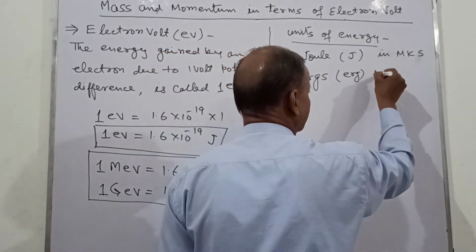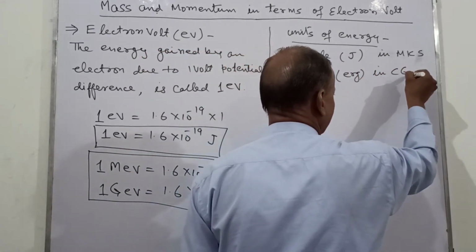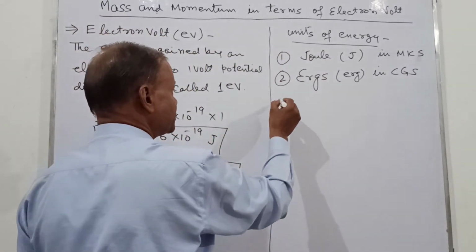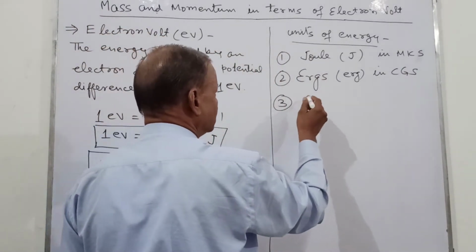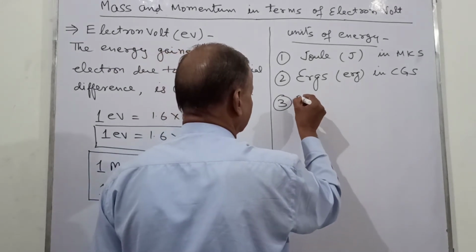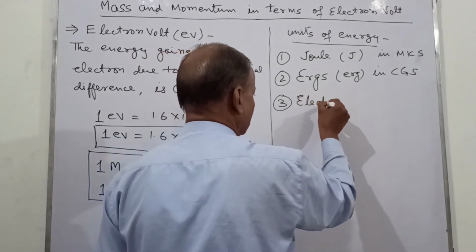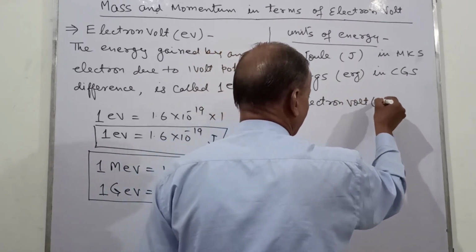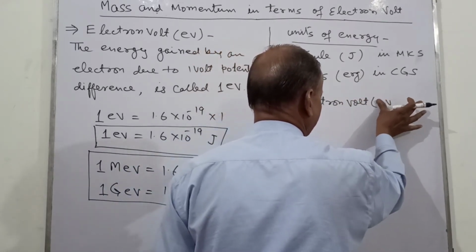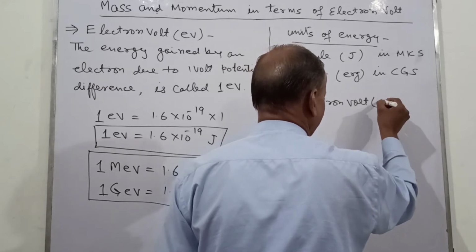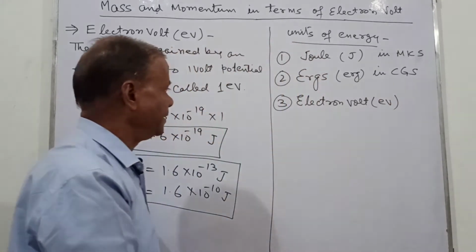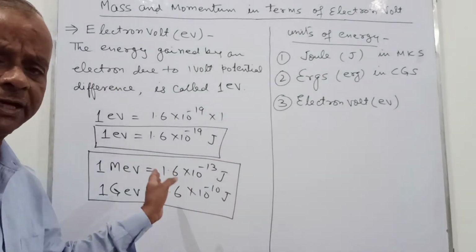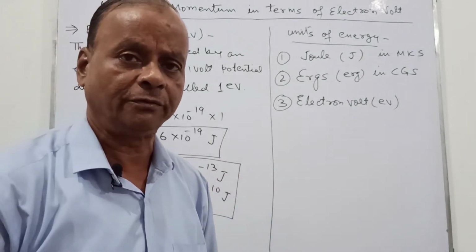This is written as erg, and this is in CGS. The third one is electron volt, represented by eV. As I have written here, this electron volt is equal to so much joule. This is the relation between the electron volt and the joule.